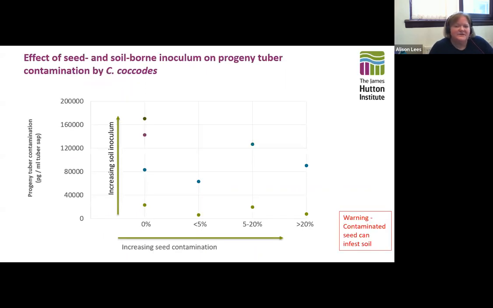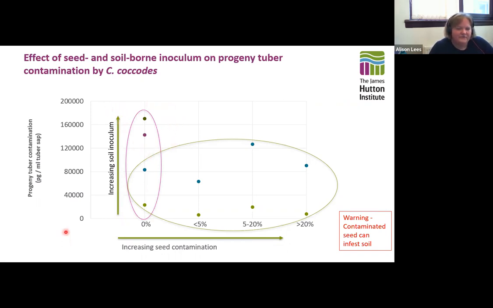So by looking simultaneously at the effect of seed and soil-borne inoculum on disease, here we can see the seed data that I just showed you and the lack of correlation with disease. If we now look at the data from different levels of soil inoculum planted with seed with no visual contamination, here we can see that as the level of soil inoculum increases, so does the incidence of black dot on the progeny tubers, and that disease levels are much higher.